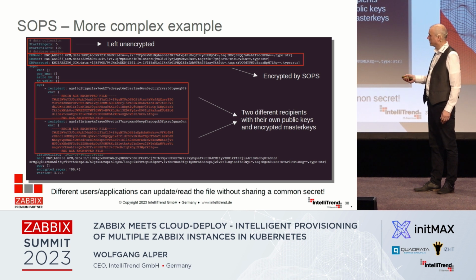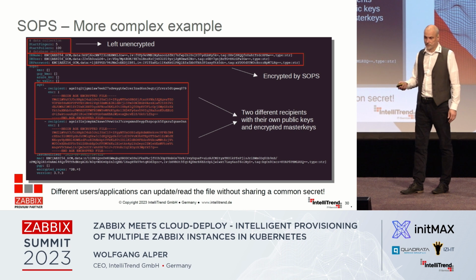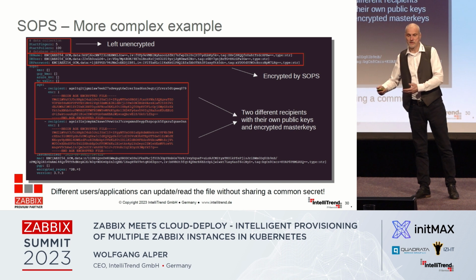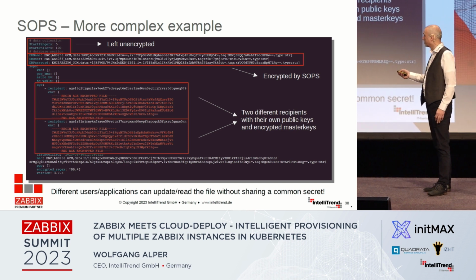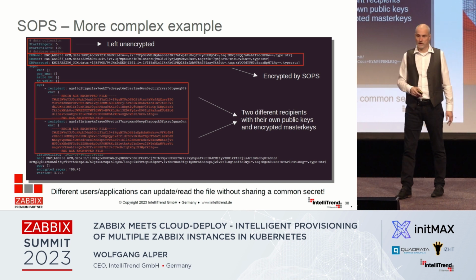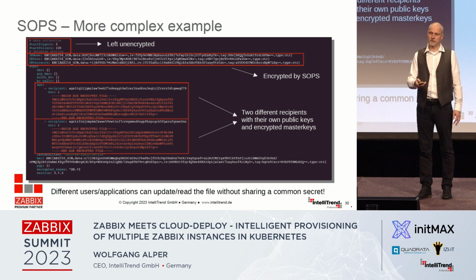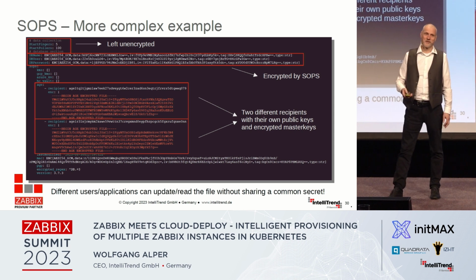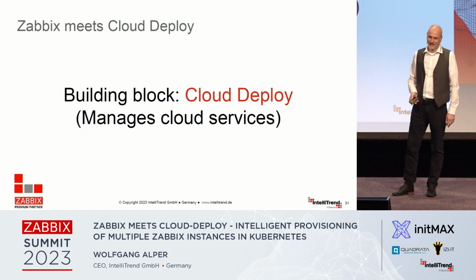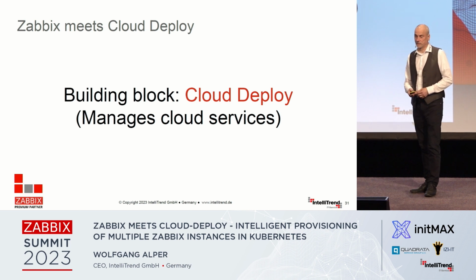During the SOPS encryption process, we took two public keys from two different users, and SOPS created a personal encrypted package for each. Each of these users can now decrypt the master key, and therefore the values of this file. I need to speed up a little bit, I just figured out that the slide number and the remaining time are not in a good position to each other. So that is our building block SOPS that handles the encryption.